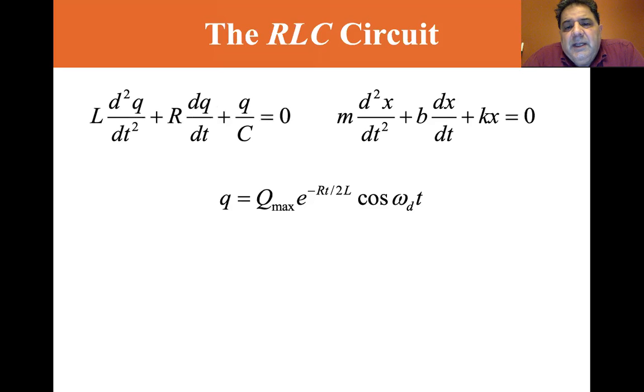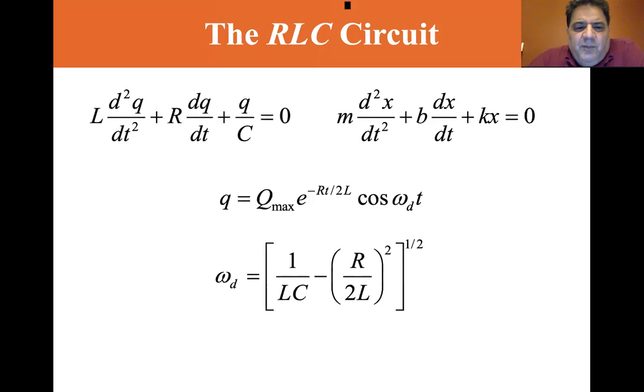Q is equal to Q max e to the minus Rt/2L times cosine omega t. That's the relationship to the equation up at the top.